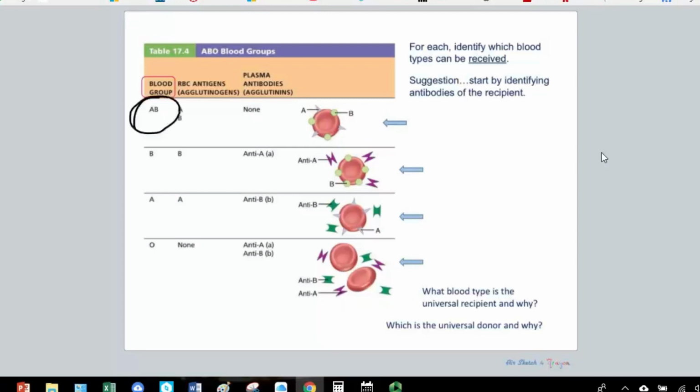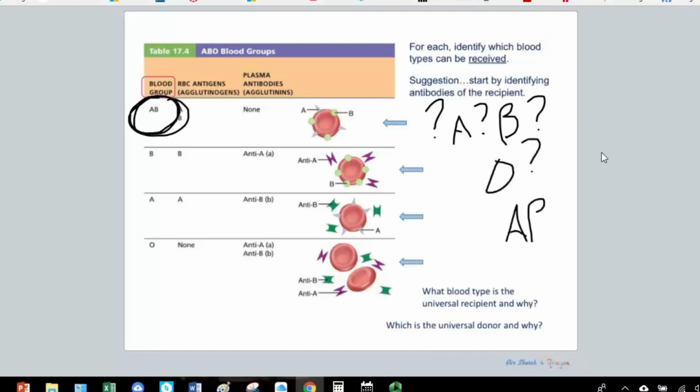Here's a type AB individual. What blood types can an AB individual receive blood from? Can they receive blood from an A individual, B, O, AB? Those are the questions that I want you guys to ask.